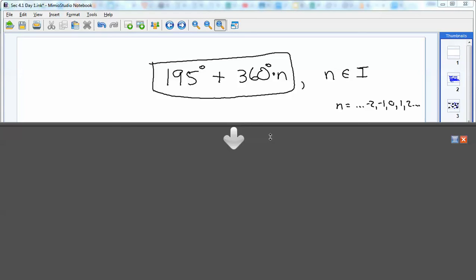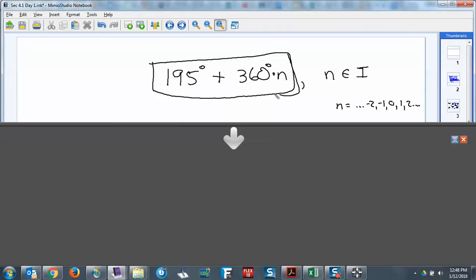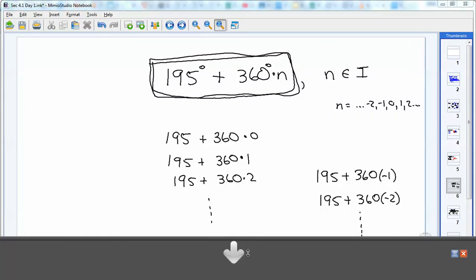In other words, we're just adding multiples of 360, including negative multiples. If we want to write all of its possible versions, since you can't write an infinite number of them, you could just write this.